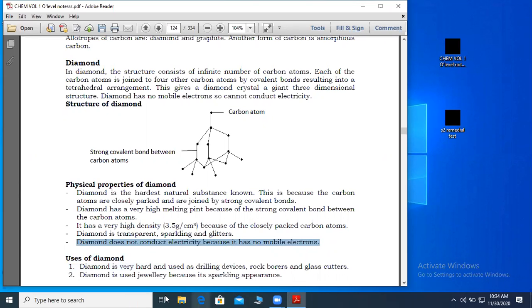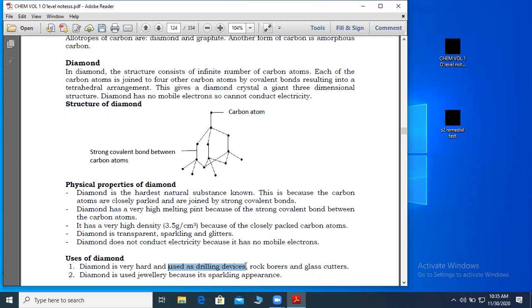Uses of diamond. It is very hard, and because it is very hard, it is used as a drilling device. It is used to make drilling machines. Like these, you have ever seen these carpenters, there is some machine they use to drill holes in chairs.